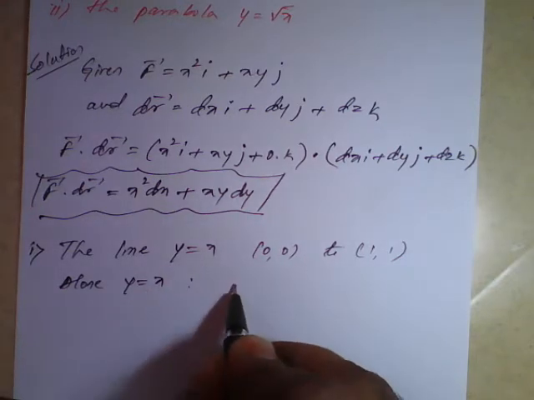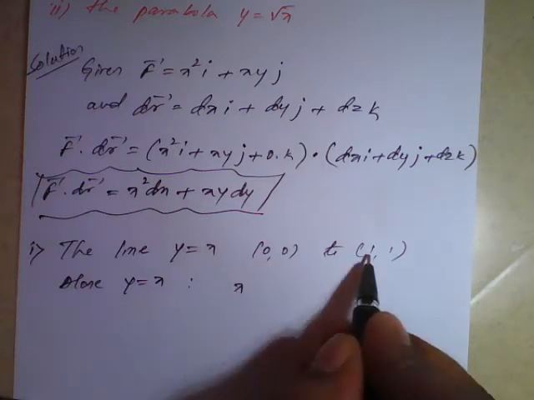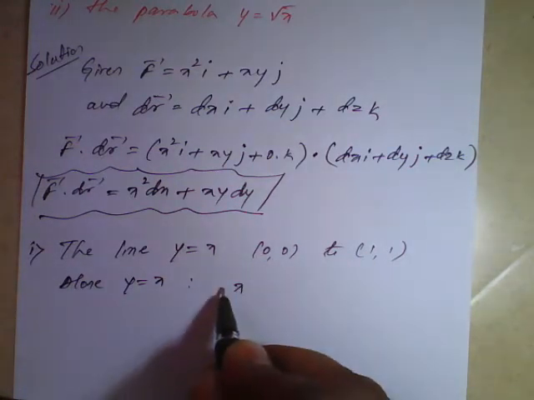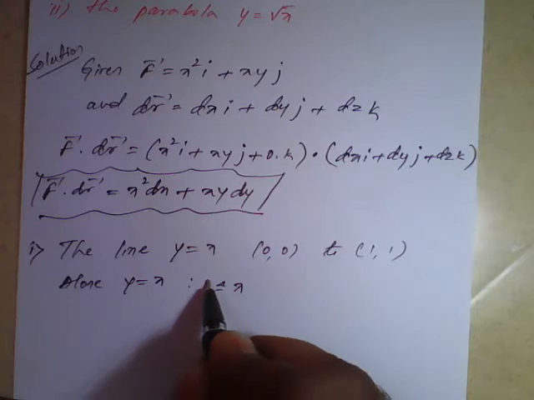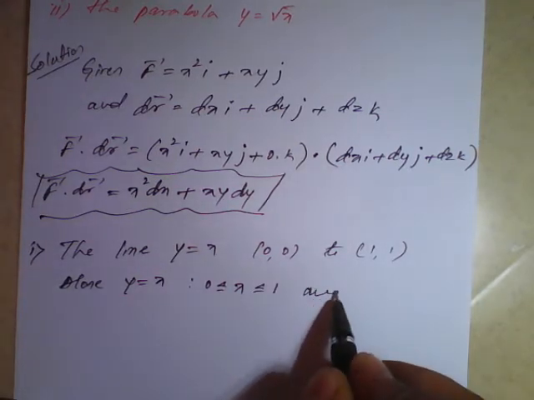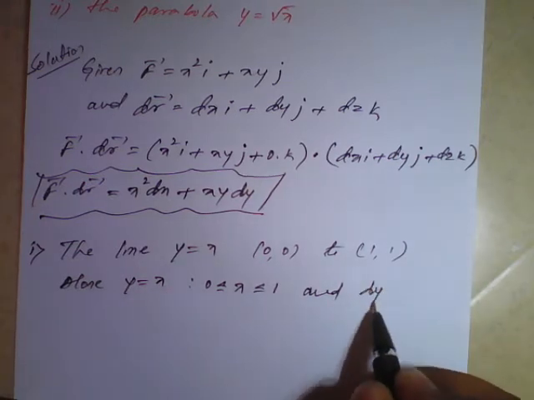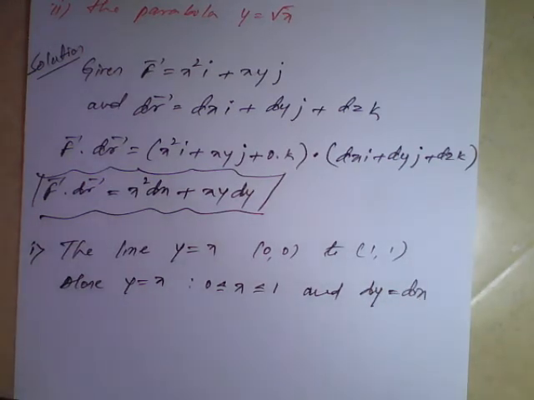Therefore x varies from greater than or equal to 0 to less than or equal to 1. And if you differentiate y is equal to x, we get dy is equal to dx.